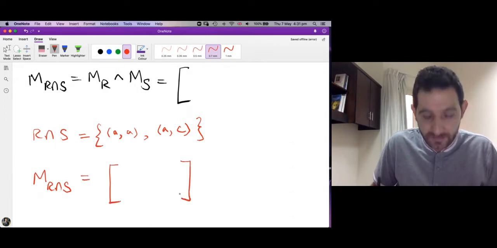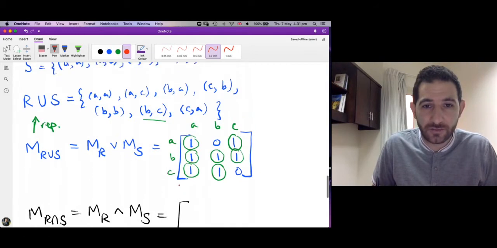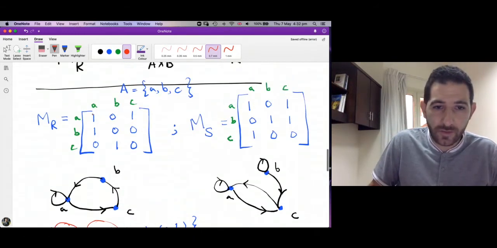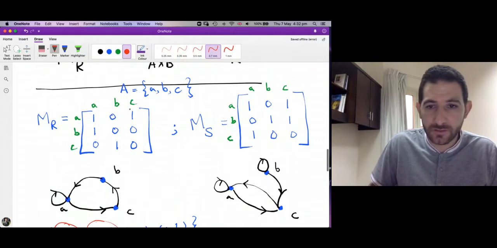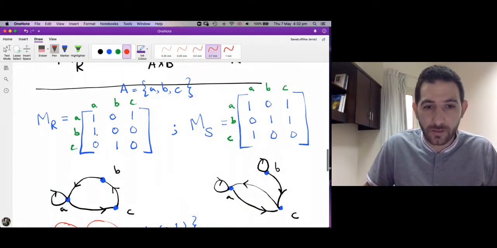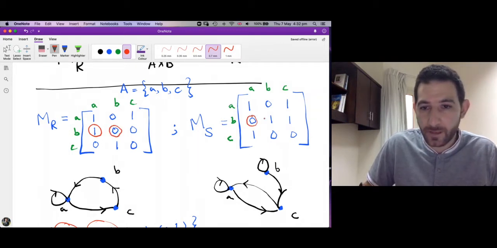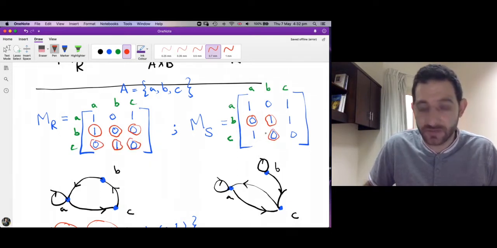And if you want to compute the matrix representing the intersection, then this will be the 3 by 3 matrix, which is the meet of these 2 matrices. So look here. So here we have a 1, 1, 0, 0, 1, and 1 is 1, and the rest, when you take the meet, so look at this, is the meet of 1 and 0 is 0, the meet of 0 and 1 is 0 as well. Here we have a 0, a 0, a 0, and here 1 meets 0 is also 0.